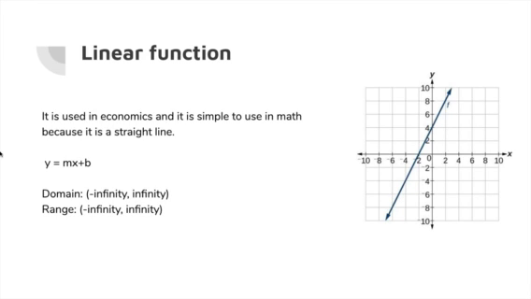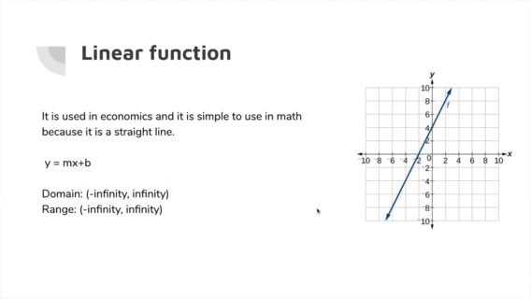Okay, so this is a linear function. It is used in economics, and it is very simple to use in math because it's just a simple line. It is diagonal. It can decrease and it can also increase. So the form for this is y equals mx plus b.